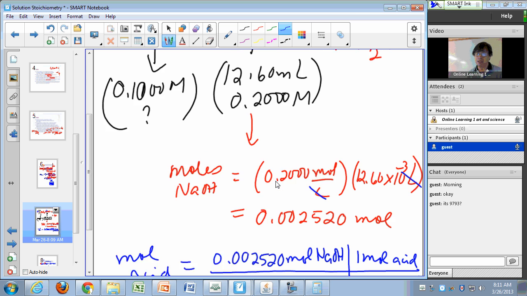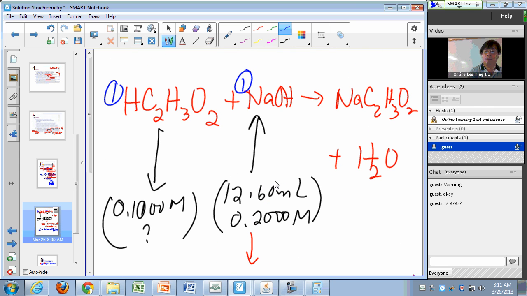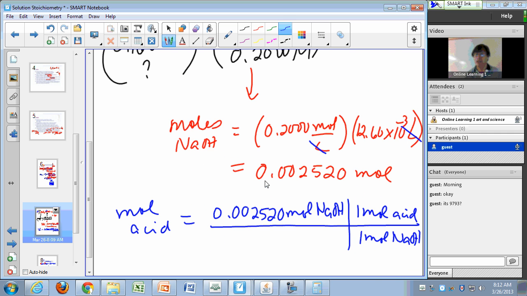Where did I get this 1:1? From the balance equation. 1 mole of acetic acid would require 1 mole of sodium hydroxide. And so mole sodium hydroxide cancels. That gives you the same moles of acid. So 0.002520 moles acid.